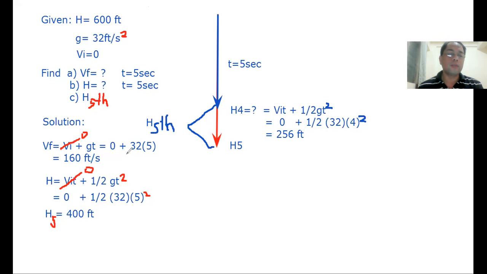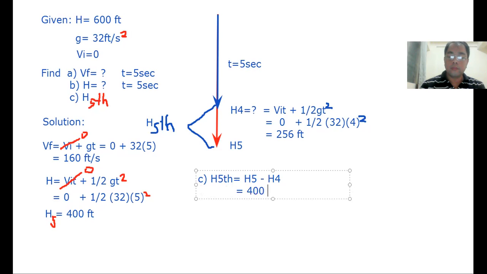So to solve for letter C, which is h during the 5th second, that's equal to h5 minus h4. The distance for the 5th second is 400 minus 256, and that's equal to 144.